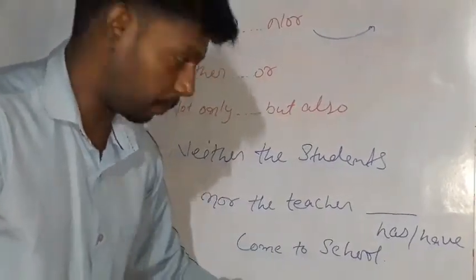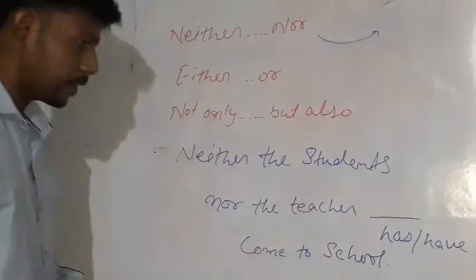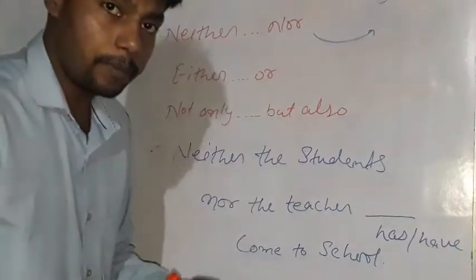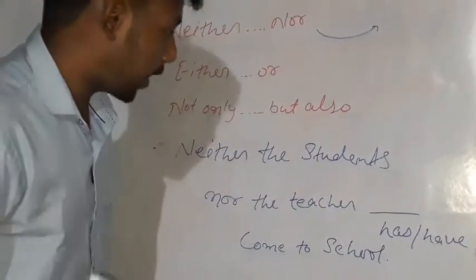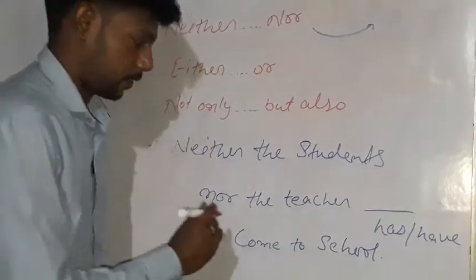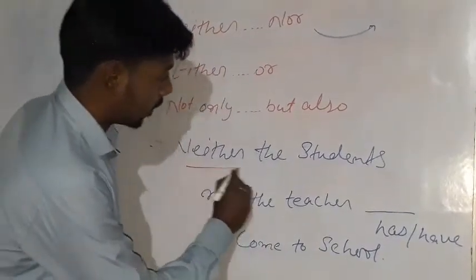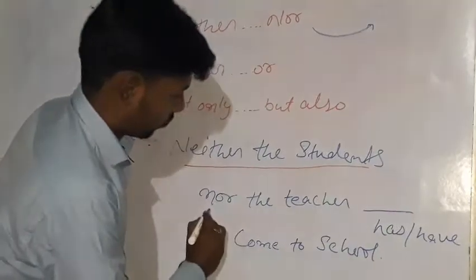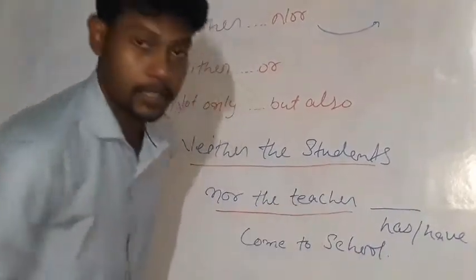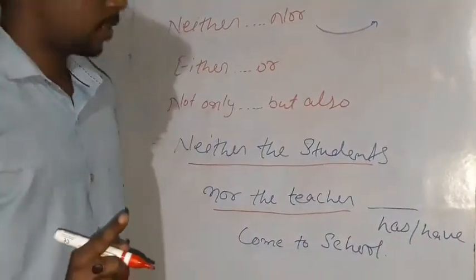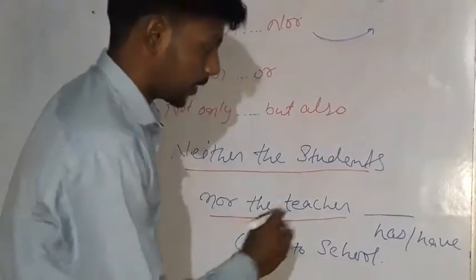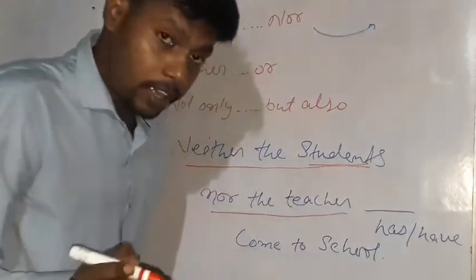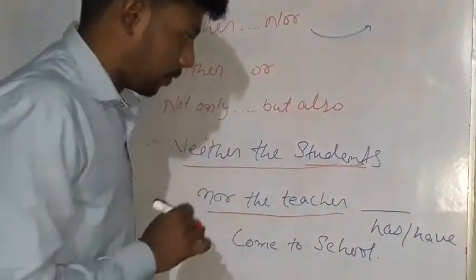This is the problem. And to solve this problem, first find out the subject. The subject part is neither the students nor the teacher. Neither the students, it is plural, nor the teacher.